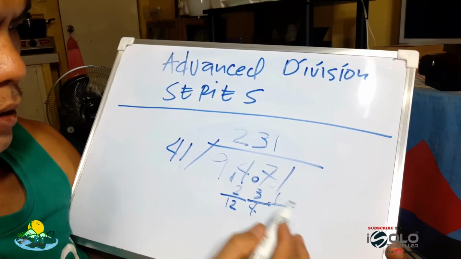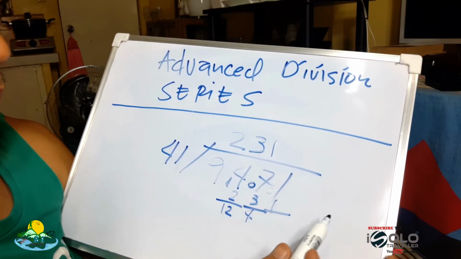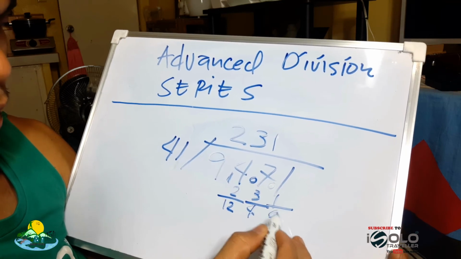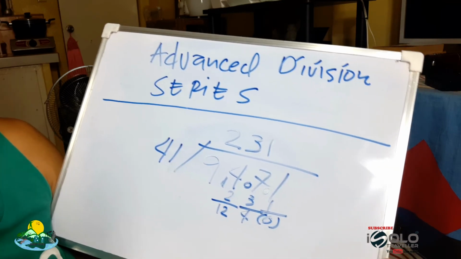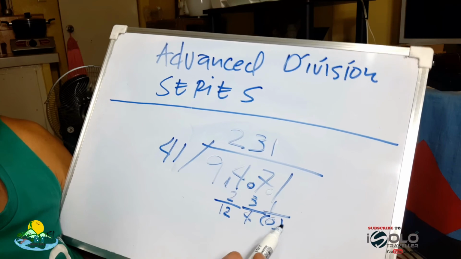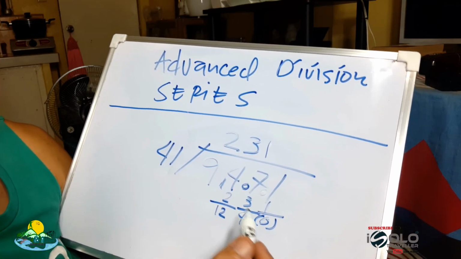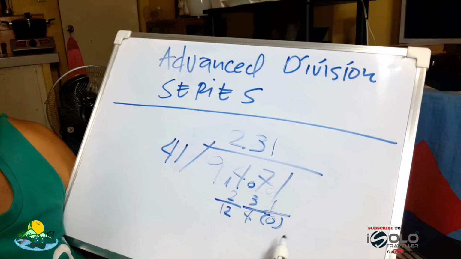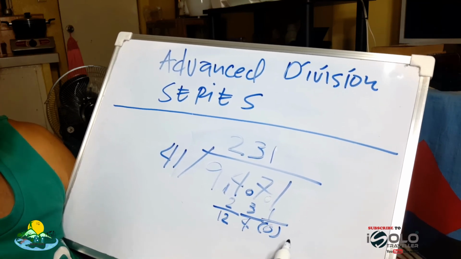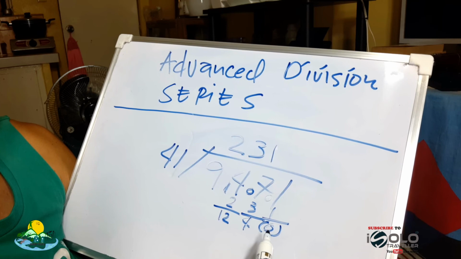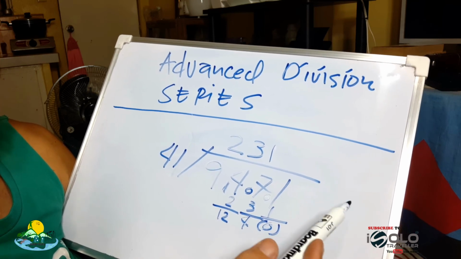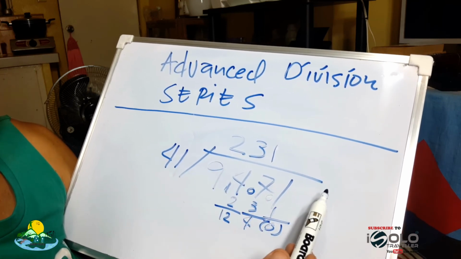Okay. 1 minus 1, you get 0 difference. Once you get a 0 dividend, that means, as I always tell you, that you already reach your final answer. And your answer is 231.